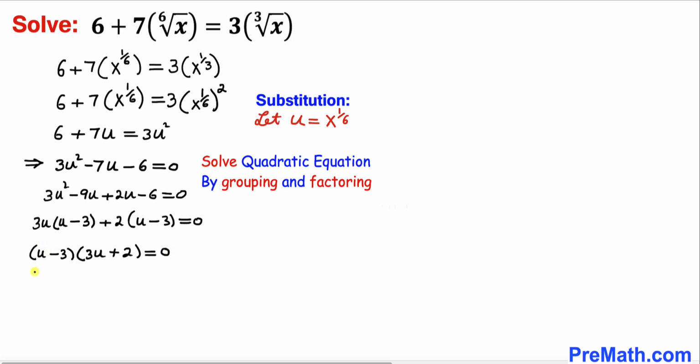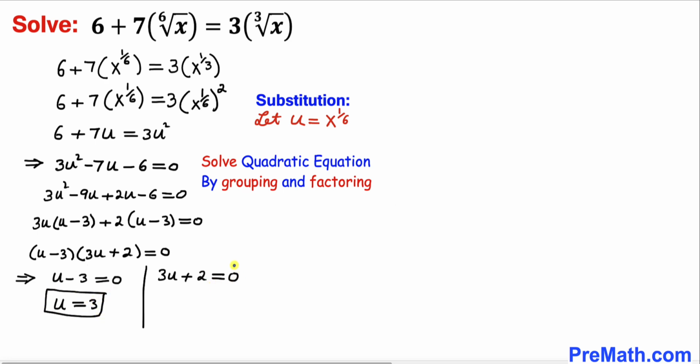Now let's separate these factors, so we can write u minus 3 equals 0, and this second one is 3u plus 2 equals 0. Let's focus on this first equation. Let's move this 3 to the other side. This gives us u equals positive 3.